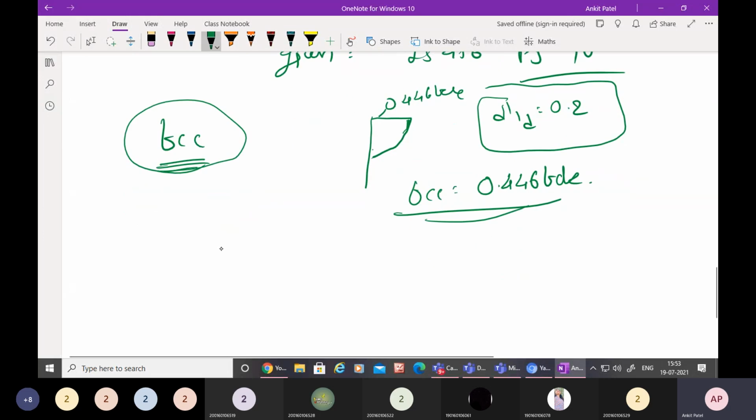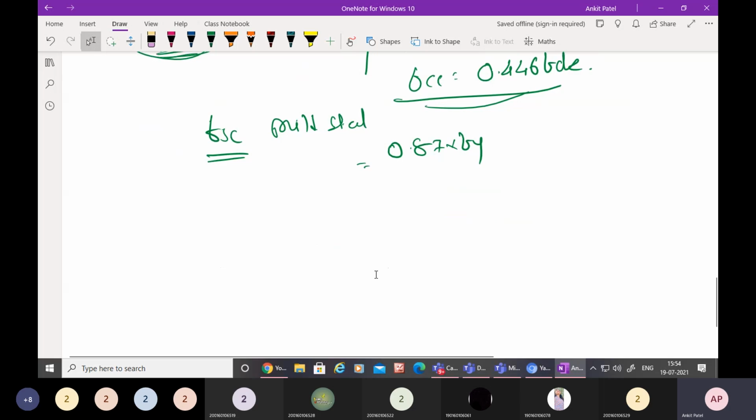Now how to determine the value of FSC? For mild steel, you can take FSC equal to 0.87 into Fy. This is for mild steel, Fy equal to 250 grade.